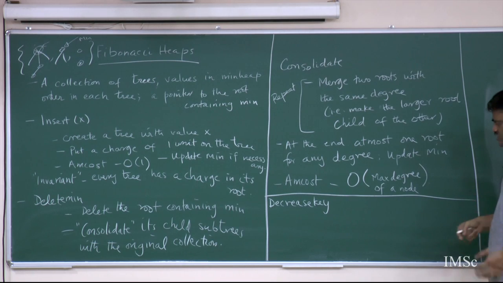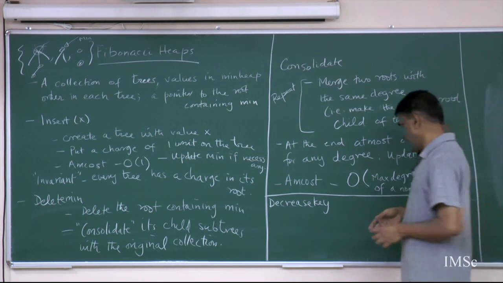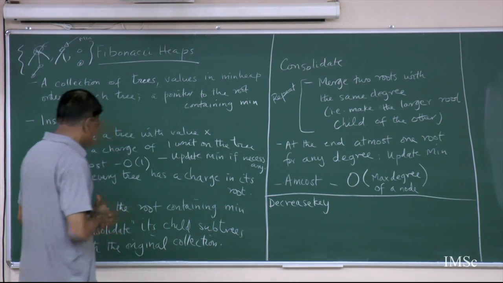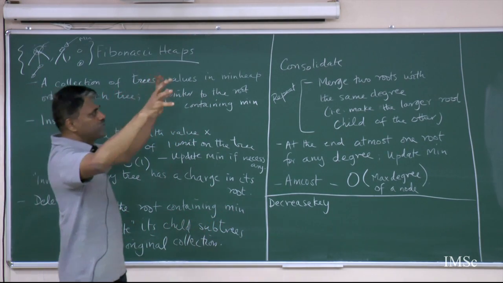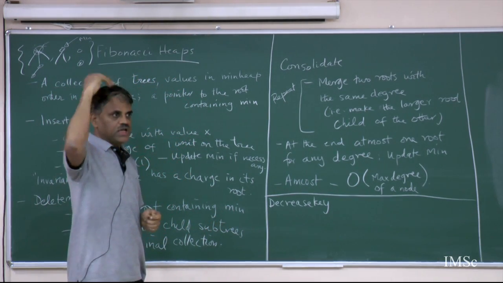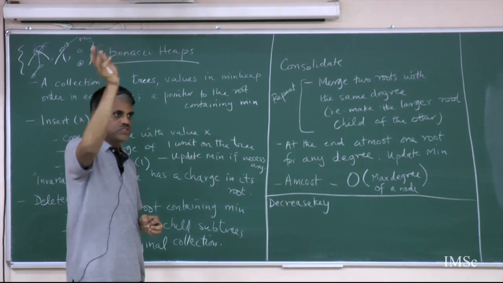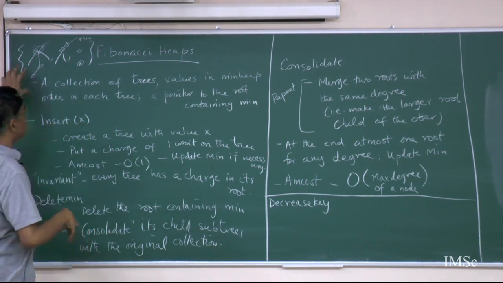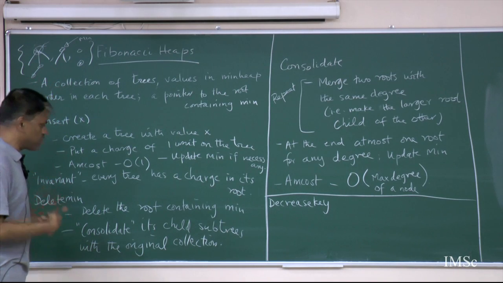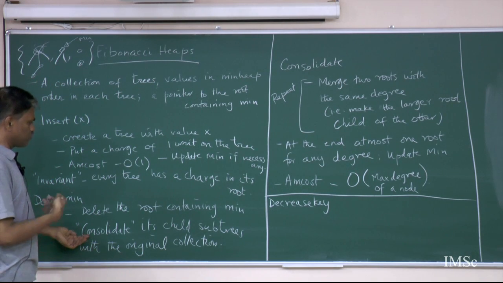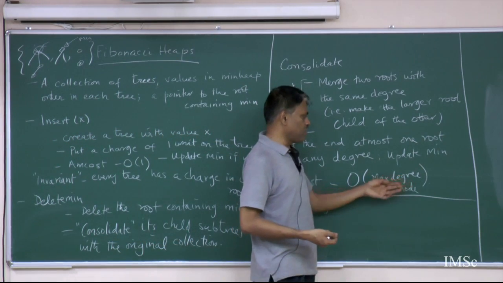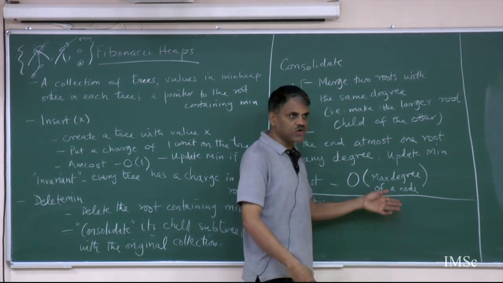The amortized cost, we argued, is how much charge the delete min operation did come with. Well, every tree in the original collection has a charge. That means somebody already paid for it, so you can use that to do the merging. But my child subtrees, they don't have charge, so I bring that cost to merge them. So the amortized cost is my degree, how many children I have.